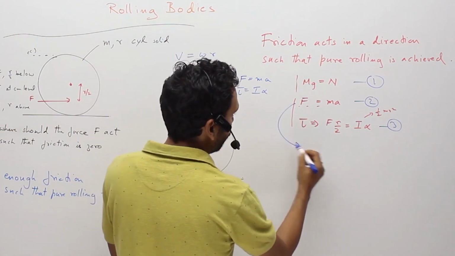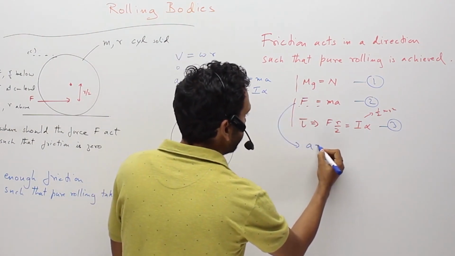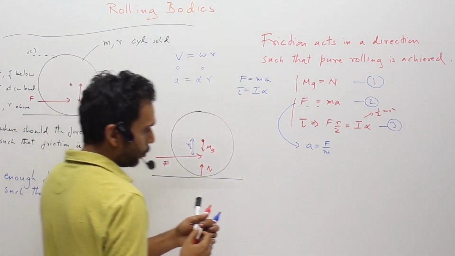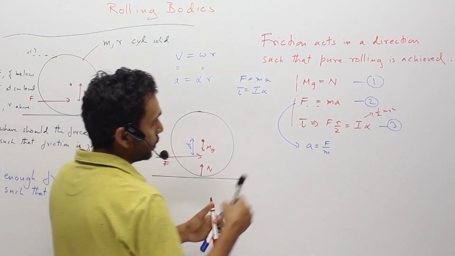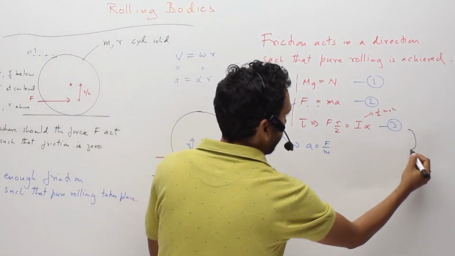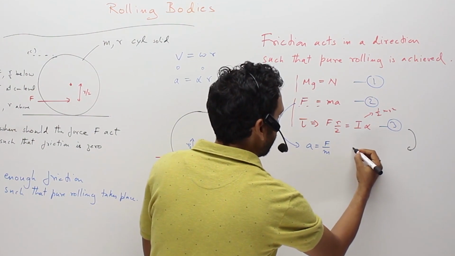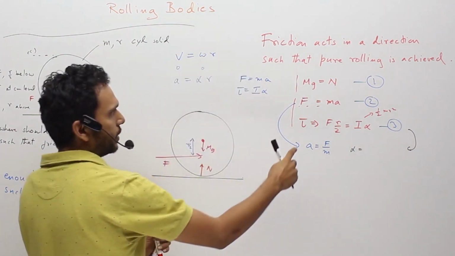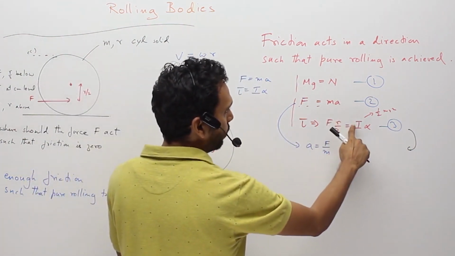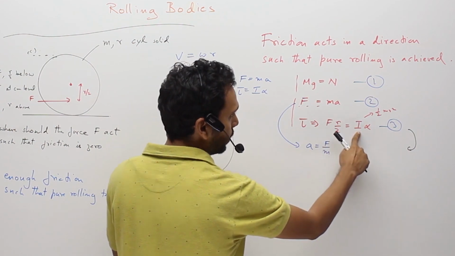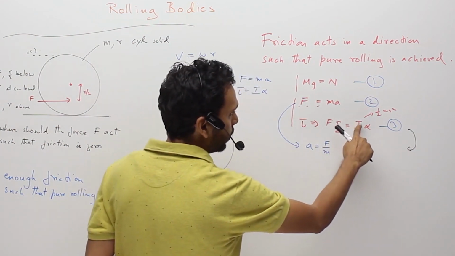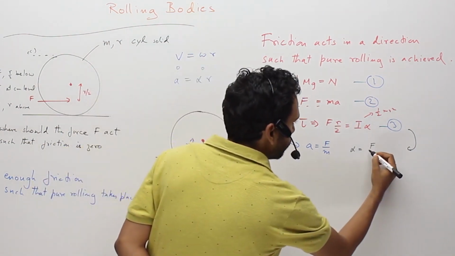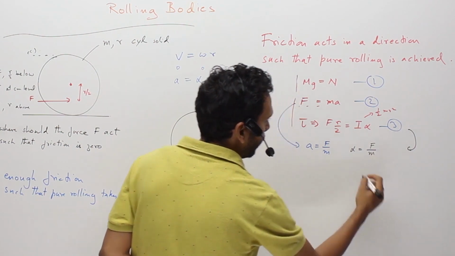According to equation number 2, A is equal to F by M. From equation number 3, what we have is alpha is equal to, so I'll just quickly write, m r square by 2, your 2 and 2 get cancelled.